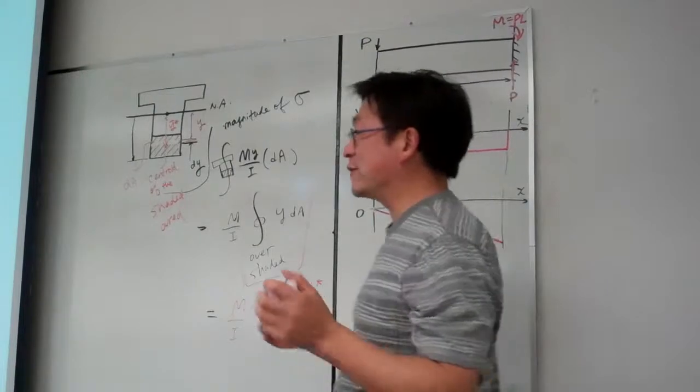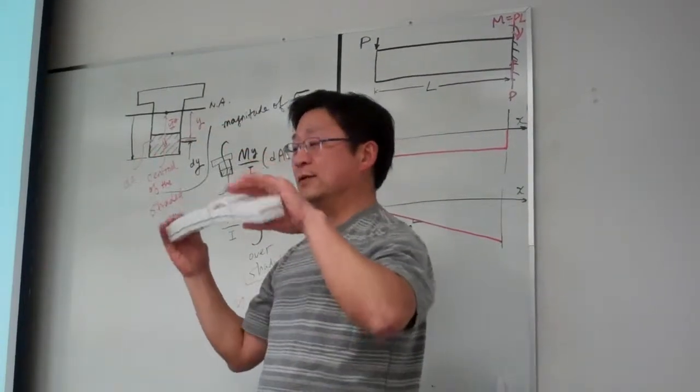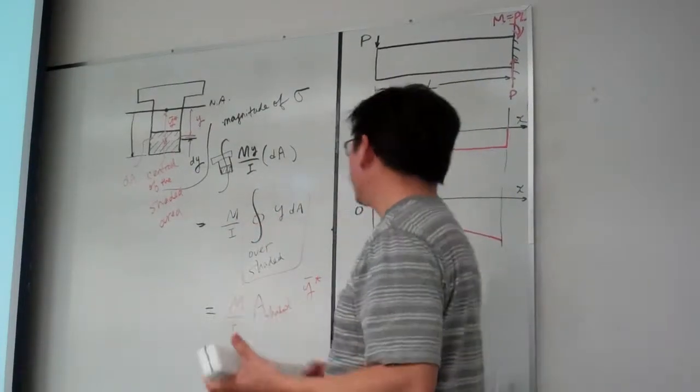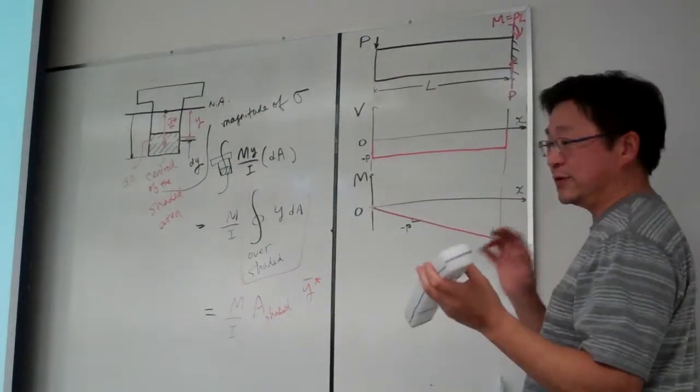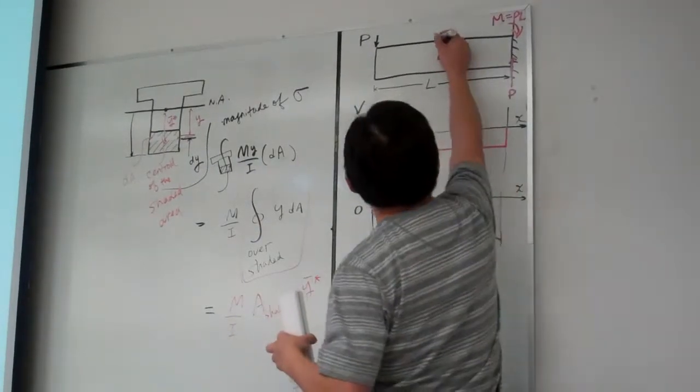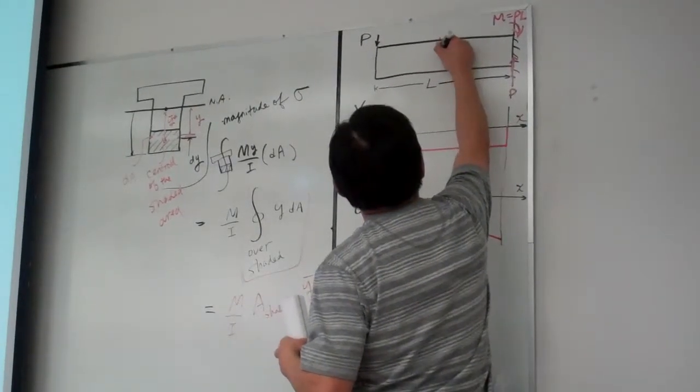Before, in chapter 4, we talked about pure bending, where the bending moment is the same. Now it's not anymore. So now I pick two places. The first one, let me pick, for example, this cross section here.